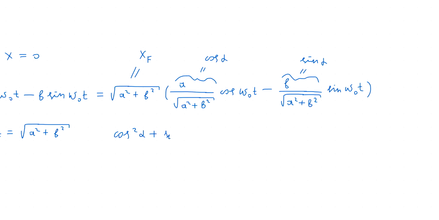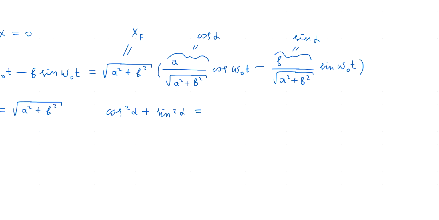Sine squared alpha plus cosine squared alpha is equal to a squared divided by a squared plus b squared, plus b squared divided by a squared plus b squared.